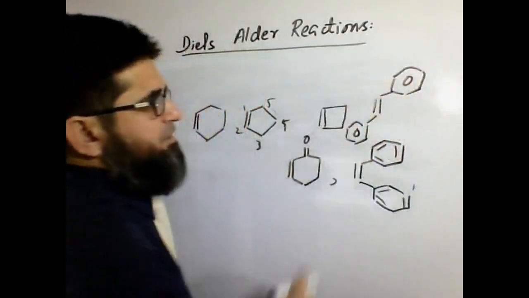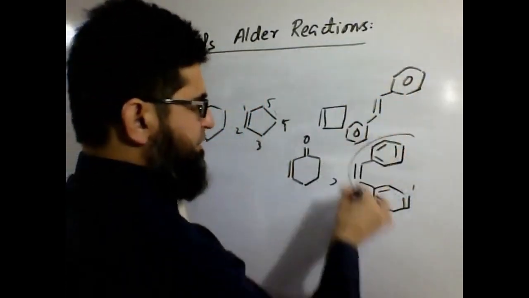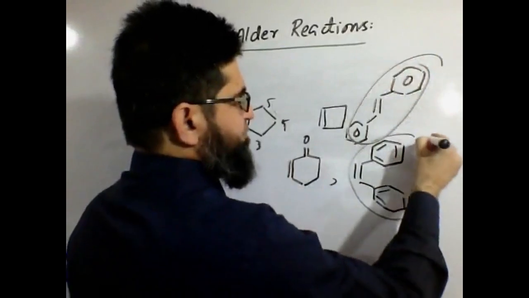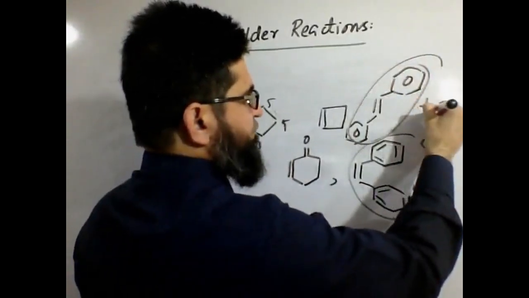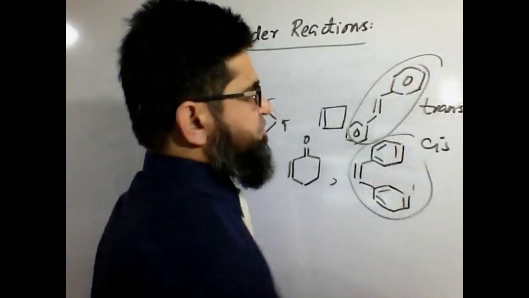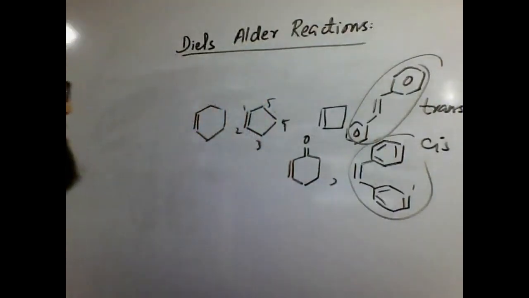The alkenes are supposed to be in cis as well as in trans forms. Cis and trans. You would have heard about stereochemistry.